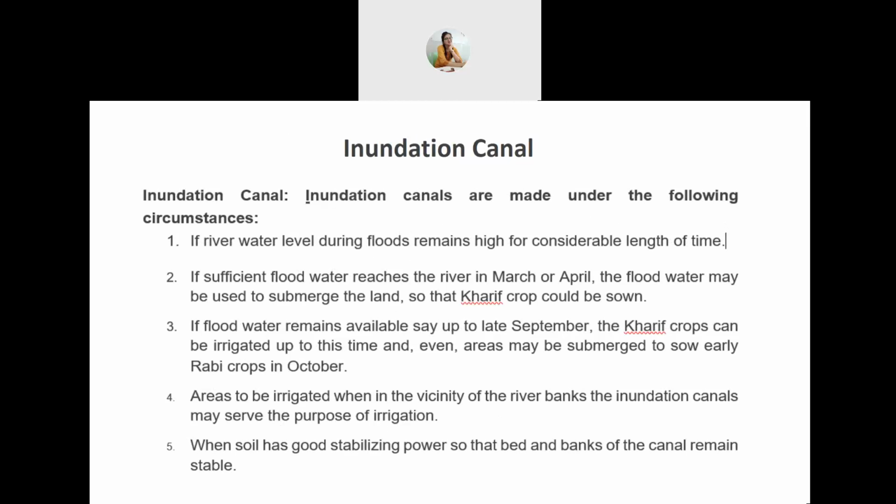Number 3, if flood water remains available up to late September, the kharif crops can be irrigated up to this time, and even areas may be submerged to sow early rabi crops in October. Number 4, areas to be irrigated when in the vicinity of the river banks, the inundation canals may serve the purpose of irrigation. Number 5, when soil has good stabilizing power so that bed and banks of the canal remain stable.